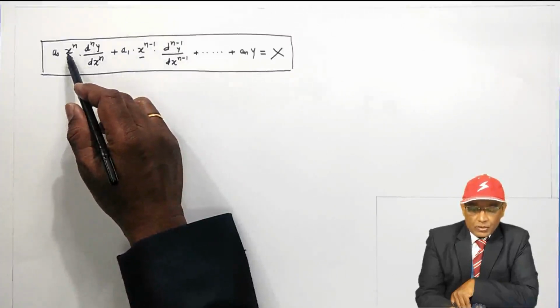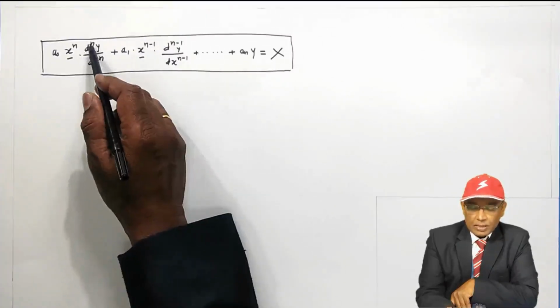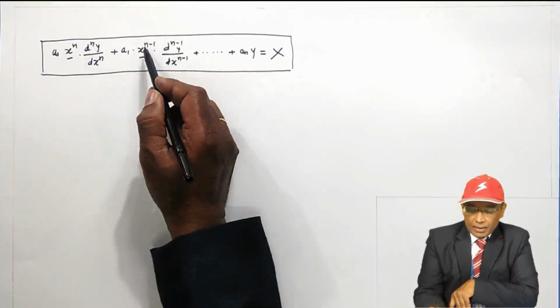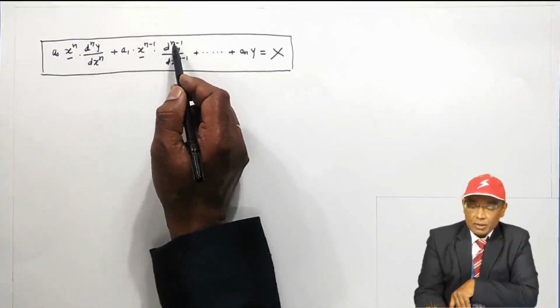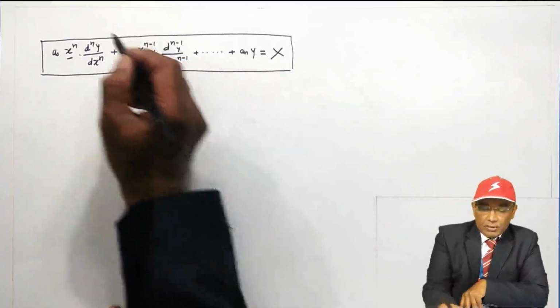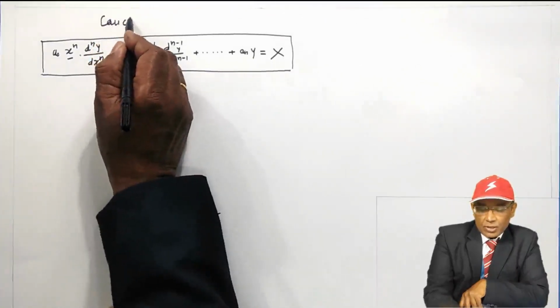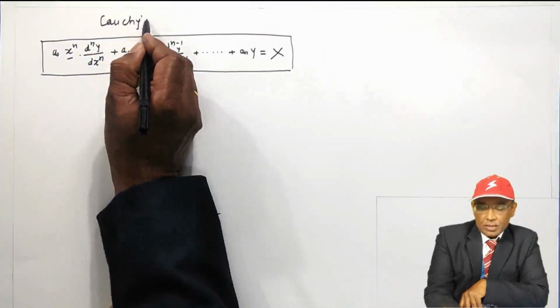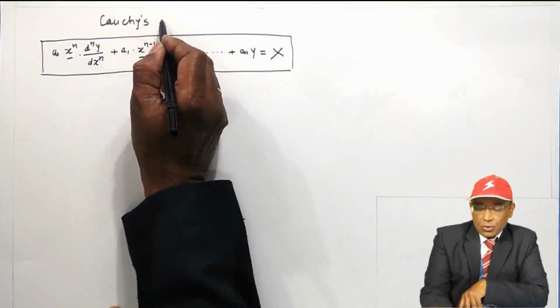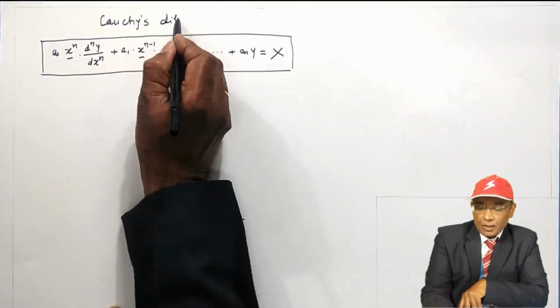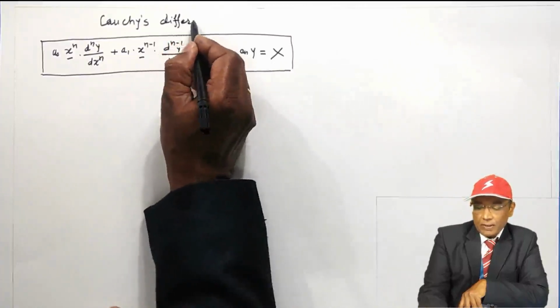See, the index of x is n, the index of d is n, the index of x is n minus 1, the index of d is n minus 1, everywhere. So this type of differential equation is called Cauchy's differential equation. Cauchy is the name of a mathematician.